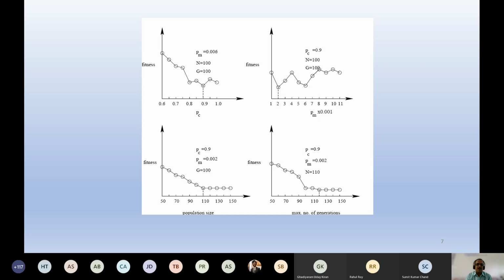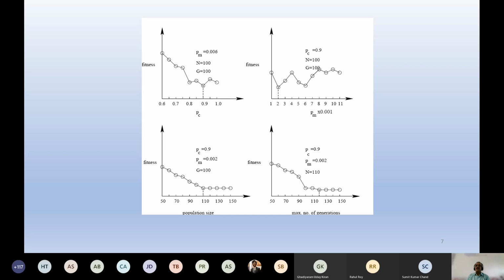Now let me concentrate on the role of PC. I've told you several times that this particular PC, the probability of crossover, is generally kept at a high value, starting from 0.6 to 1.0. And it is kept at a high value so that all the parents can participate in crossover and there will be exchange of properties and diversification of the solution.